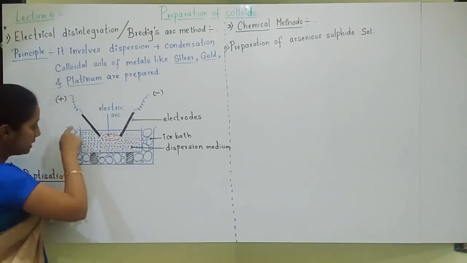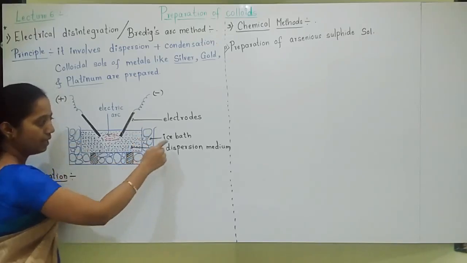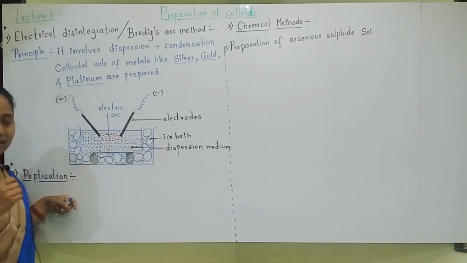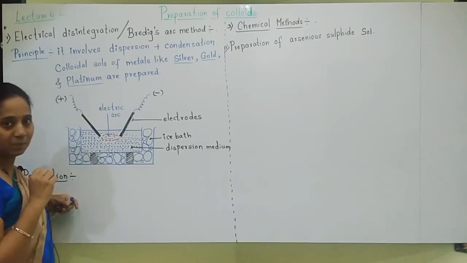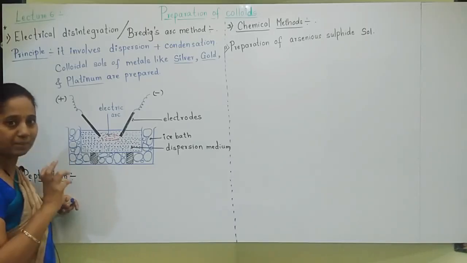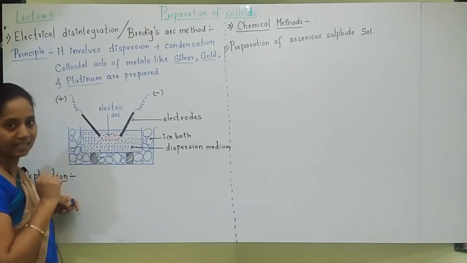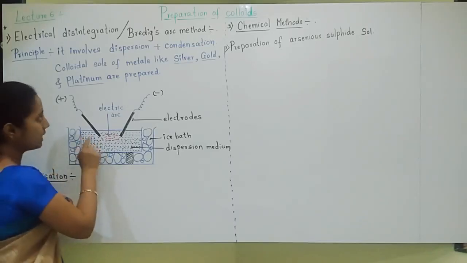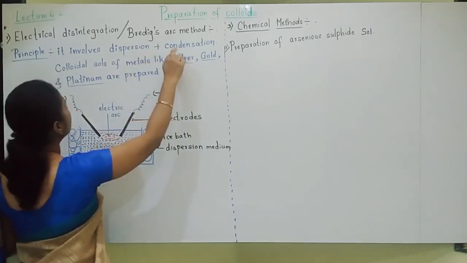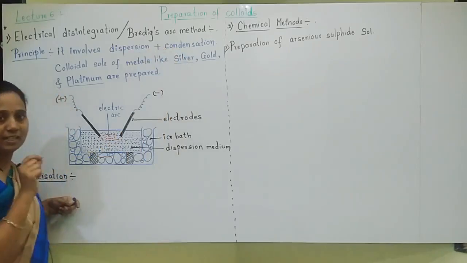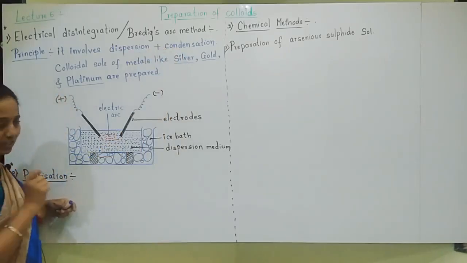Now, surrounding the dispersion medium, the ice bath is there, and due to this cooling takes place and those hot vapors get condensed. That's why in the principle we have written dispersion as well as condensation.